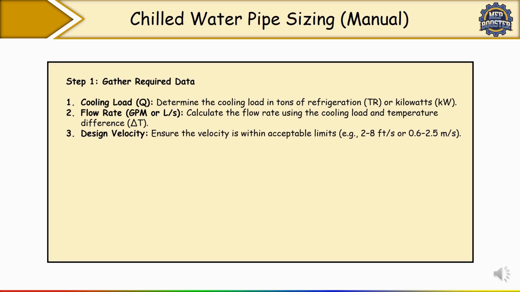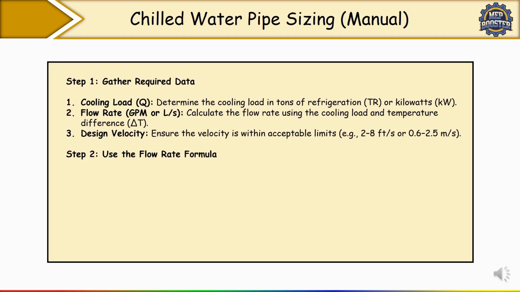Then the design velocity: ensure the velocity is within the acceptable limit of 2 to 8 feet per second, or 0.6 to 2.5 meter per second, between this range.